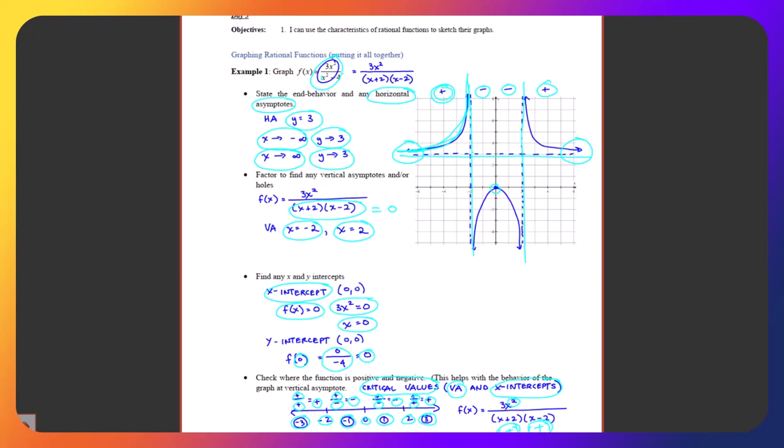Between -2 and 0, it's negative. So it's going to go down from this x-intercept. It's going to go through the x-intercept and go down. And then to the right of 0, 2, it's also going to go down because it's negative as well, and go along the asymptotes. Then to the right, it's positive. Along the asymptotes, it's got to just go this way. Because if I did this, it would be negative part of the way, and there'd be another x-intercept that I never talked about.